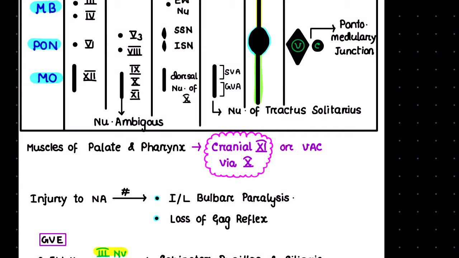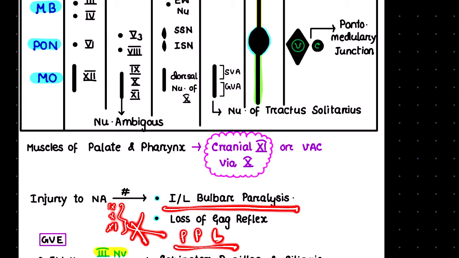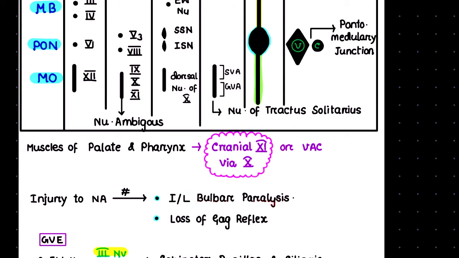Since nucleus ambiguus denotes cranial nerves 9, 10 and 11, and these are responsible for supplying the palate, pharynx and also larynx, if there is injury, these nerves will not supply those regions. Because of this there will be ipsilateral bulbar paralysis, but the tongue muscles will be spared because there is no damage to our 12th cranial nerve, the hypoglossal nerve.